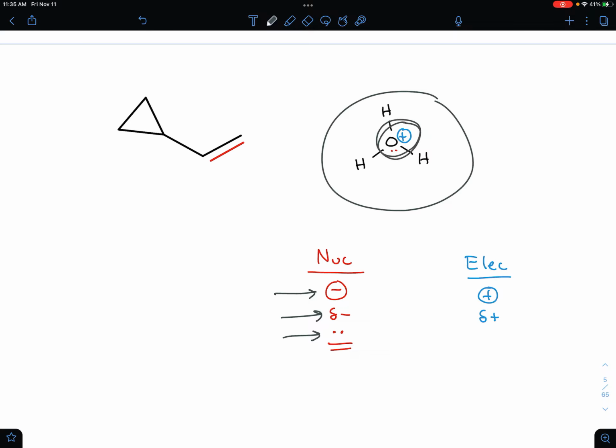The only thing is the oxygen already has a positive charge, so if it gets close to an electrophile, that positive charge is going to push or repel that electrophile away. So it's not going to be a very good nucleophile there. And we don't have any pi bonds. For electrophiles, we do have a full positive charge on the oxygen. And then we also do have some partial positive charges on those hydrogens.